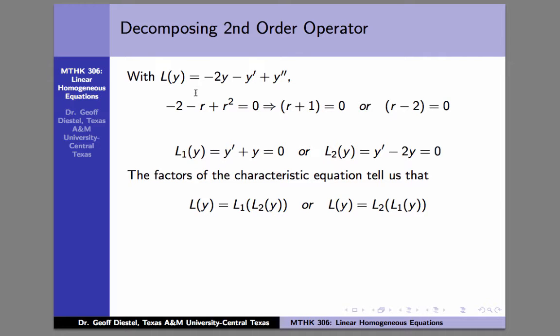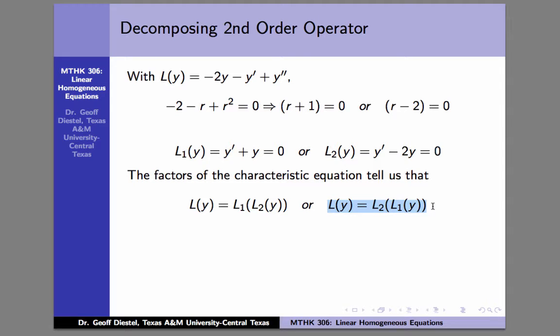So here's my claim: our L of y, which we have up top, can be written two ways. It can be thought of as L1 composed with L2, or L2 composed with L1.